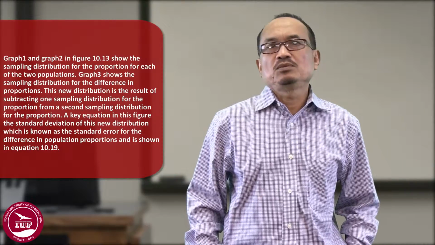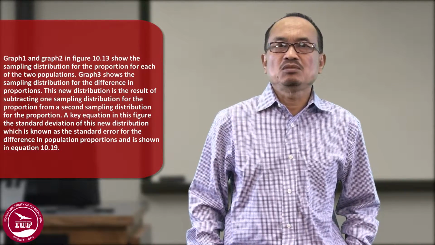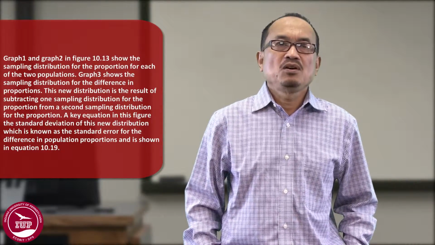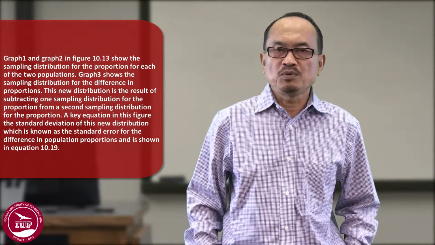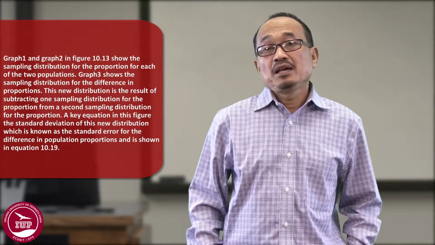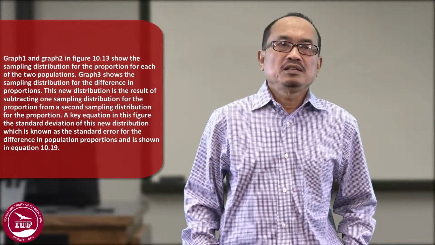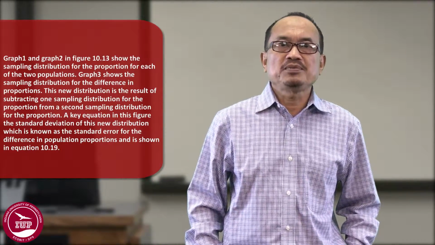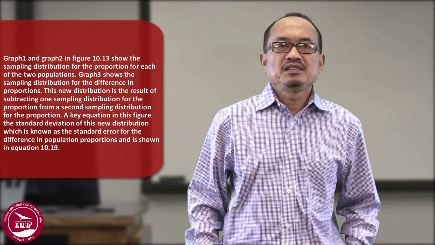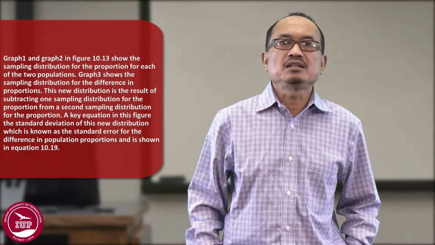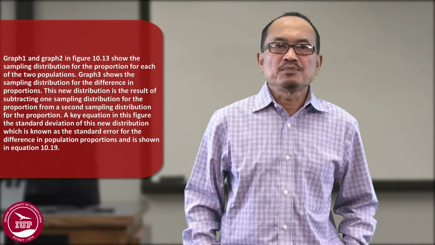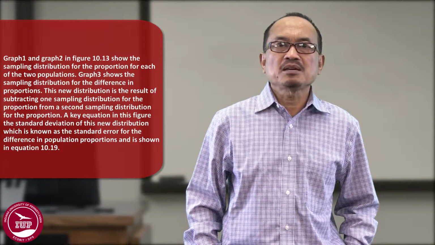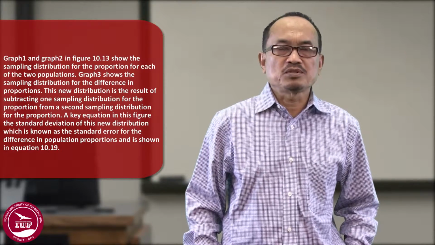Graph 1 and Graph 2 in figure 10.13 show the sampling distribution for the proportion for each of the two populations. Graph 3 shows the sampling distribution for the difference in proportions. This new distribution is the result of subtracting one sampling distribution of the proportion from a second sampling distribution of the proportion.